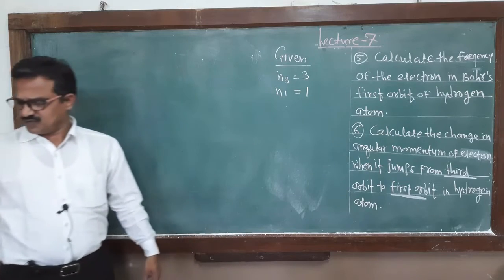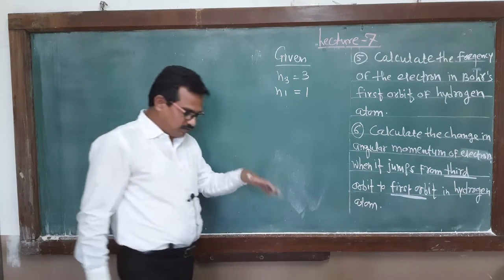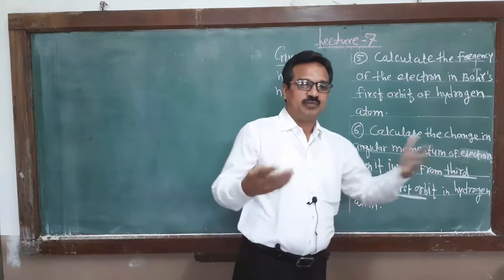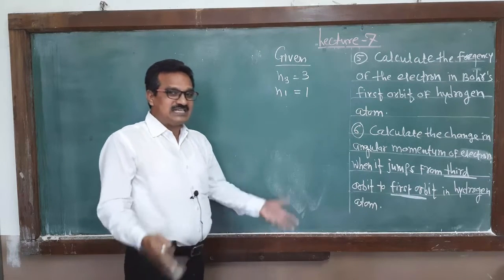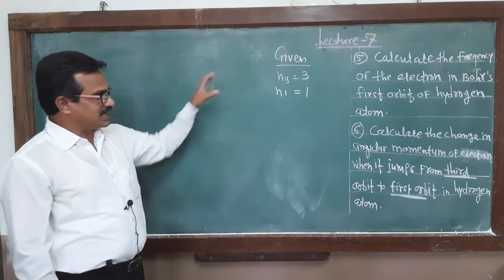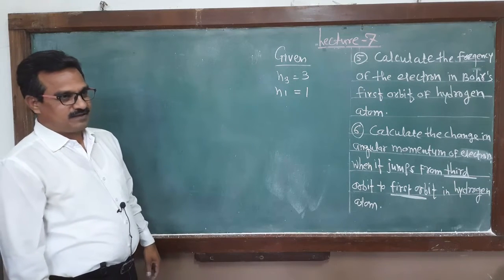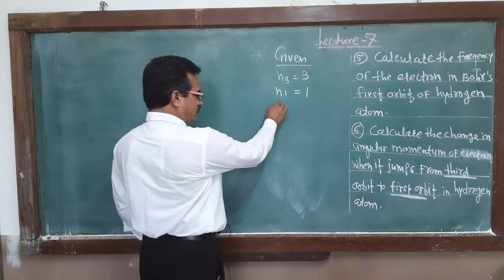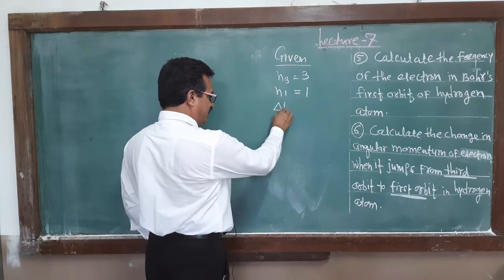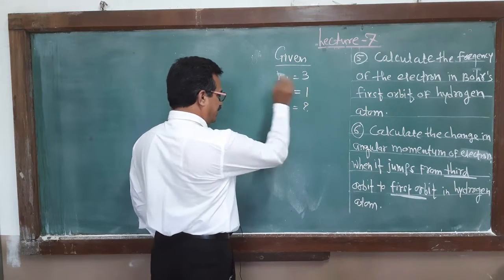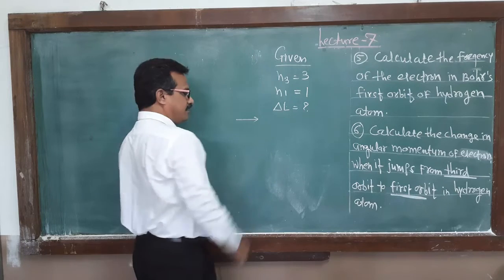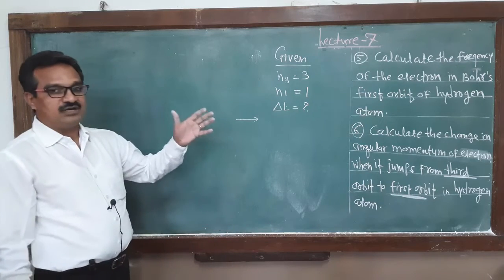It jumps from the third orbit to the first, meaning higher orbit to lower orbit. When the transition takes place, angular momentum changes, and we want to find the change in angular momentum, delta L. We know the formula for angular momentum.